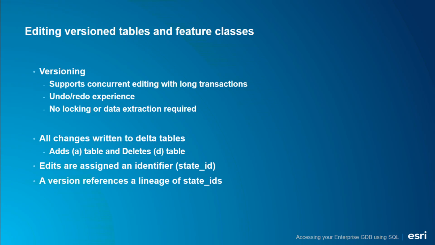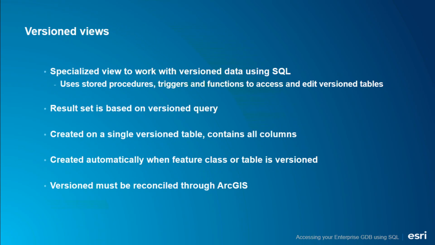All these edits get assigned a state ID, and these state IDs correspond to each version that you're trying to edit at that time. The lineage of these state IDs is how we track all these versions. I mentioned the version views.